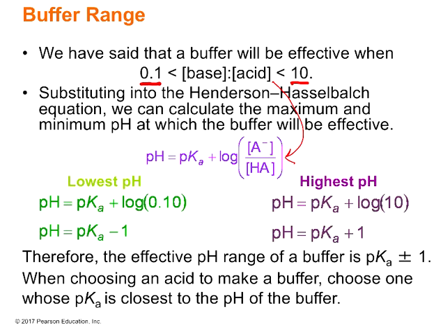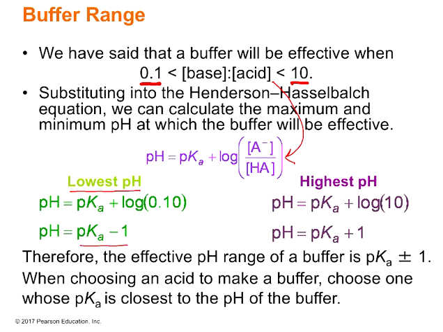So if we're trying to choose a buffer to use, down below we can see what type of range we're looking at. So the lowest pH that a buffer can effectively neutralize any added acid or base is equal to the pKa minus 1.